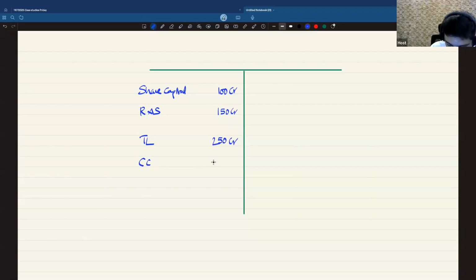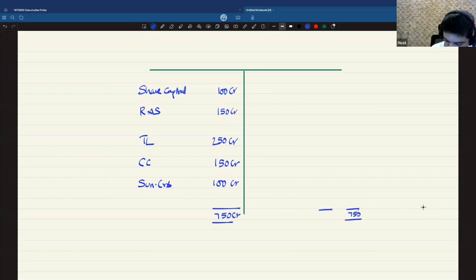They have cash credit of 150 crore. They have sundry creditors of 100 crore. So now the total works out to 750 crore. It means on the asset side also, obviously, they will be having 750 crore only.